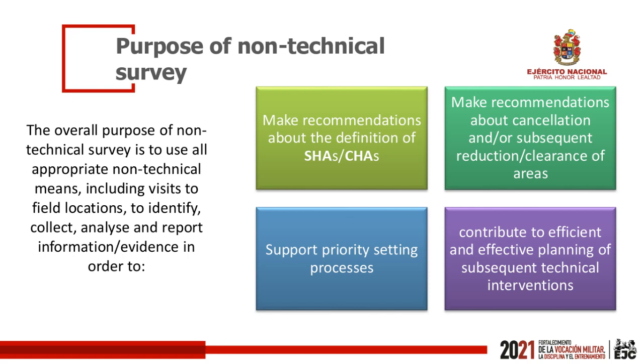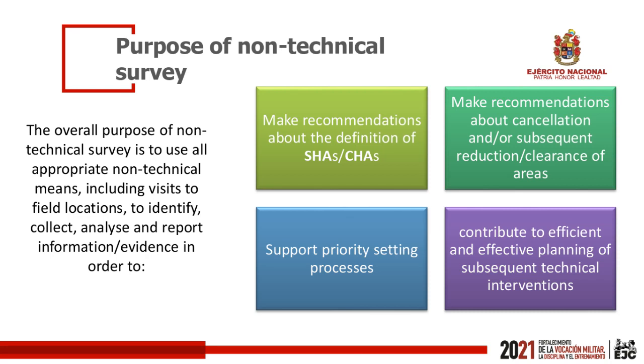In that moment, it's necessary to make a recommendation to the organization for a subsequent cancellation or reduction of the area, depending on the information that the leader collects in the area.